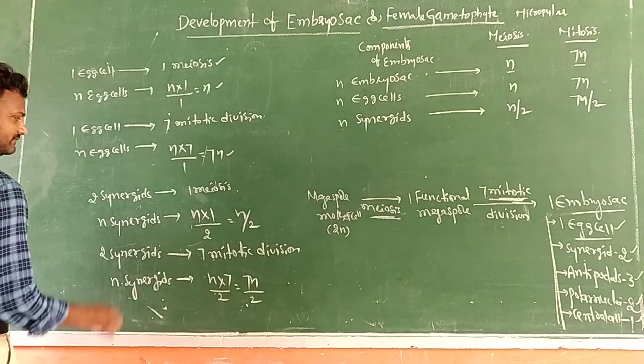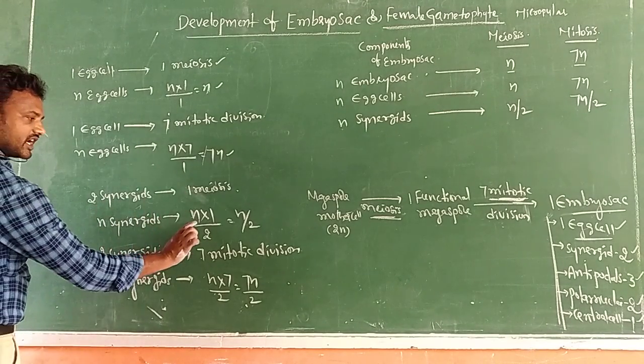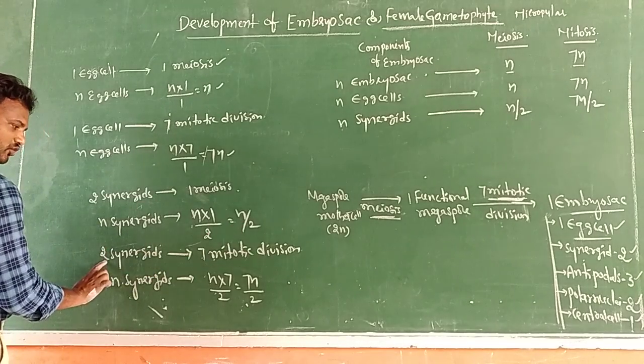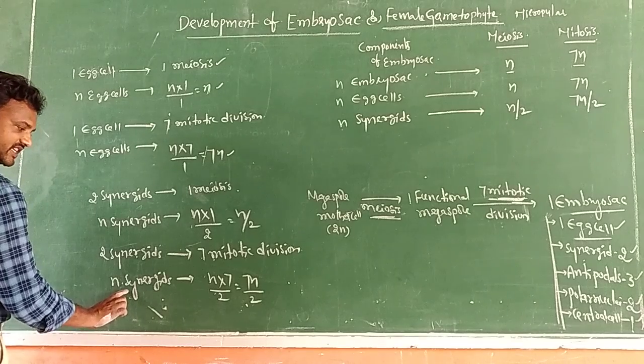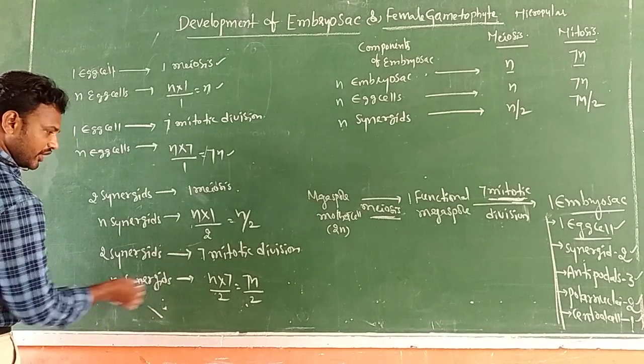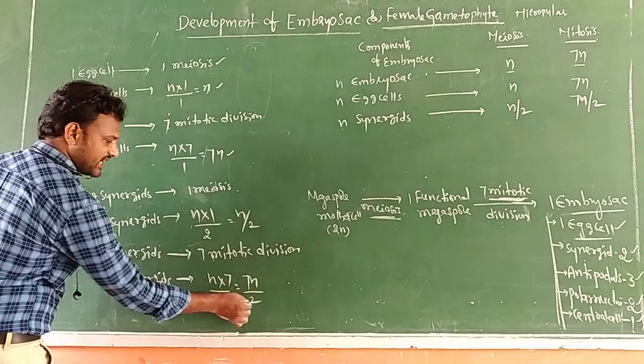Is it understood? 2 synergids need one meiosis; n synergids need n by 2. 2 synergids need 7 mitotic divisions; n synergids need n into 7 by 2 by cross multiplication, 7n by 2.